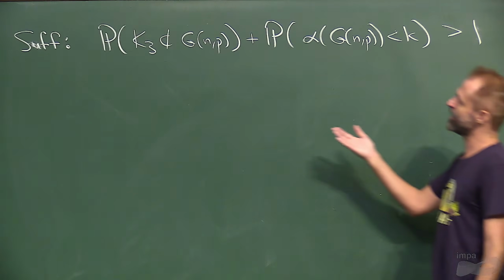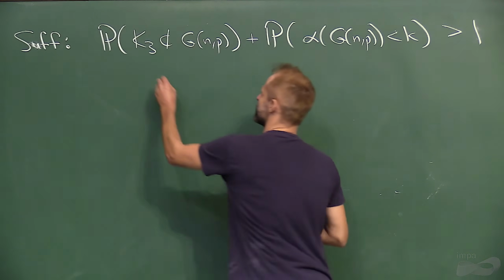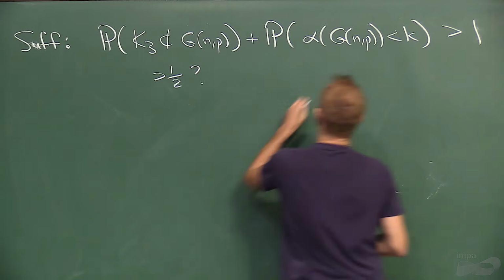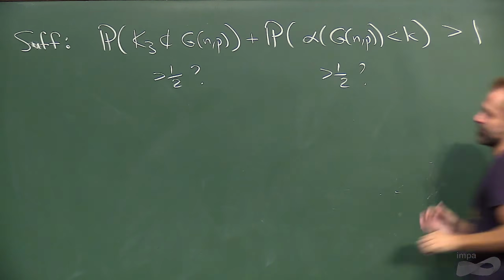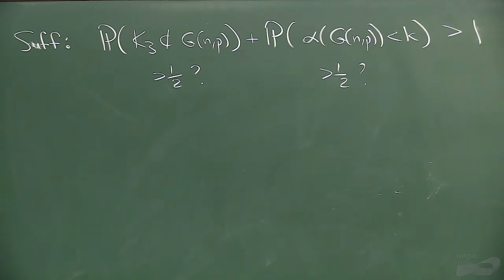Okay, so we'd like to say, if we can prove that this has probability at least a half, and this has probability at least a half, then that'd be great. Let's try and pick a p so that both of them are reasonably likely to happen, then they must intersect.